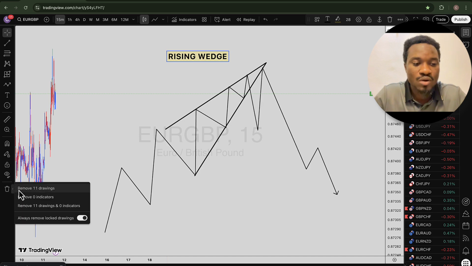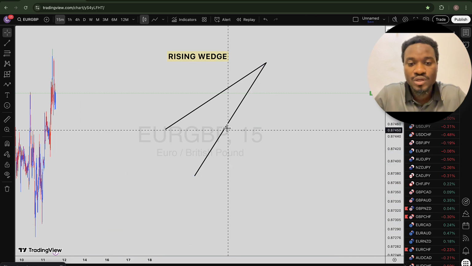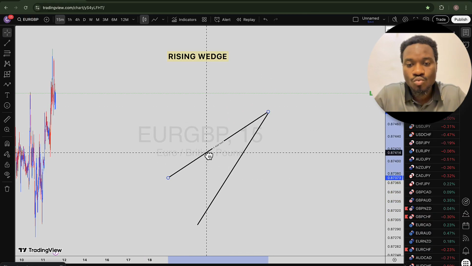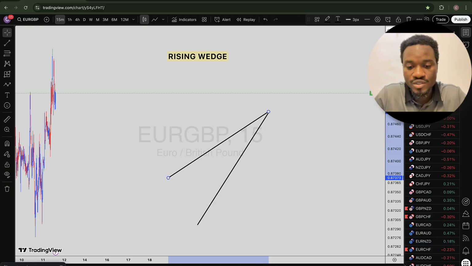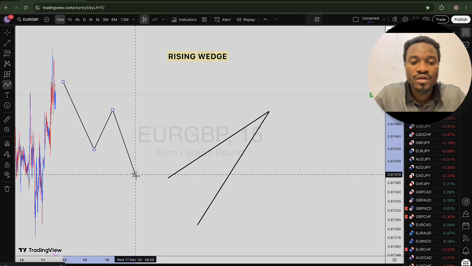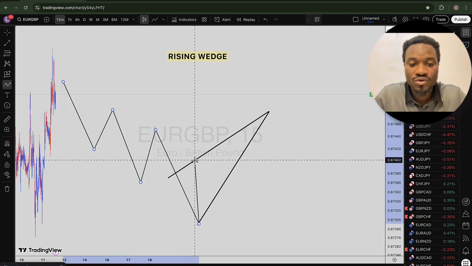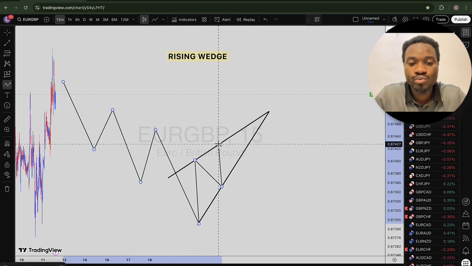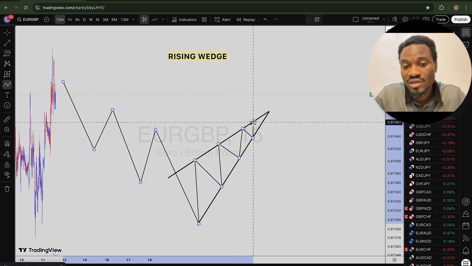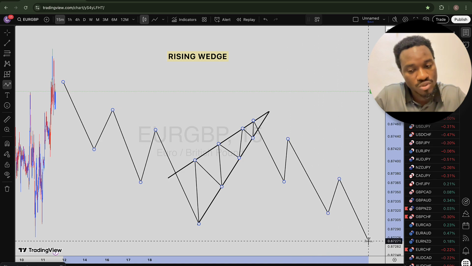Now let's wipe this out, and let's start from a downtrend market structure. Let's put this down a little bit, and in a downtrend, what we are going to see is price will keep on making a series of lower highs and lower lows, and the price comes into this pattern, then gives us a kind of short bullish move, whereby some will think, oh, the market is about to reverse, but suddenly the market will break all the way down and continue the movement downward.